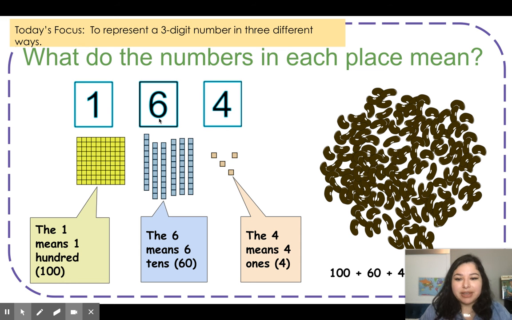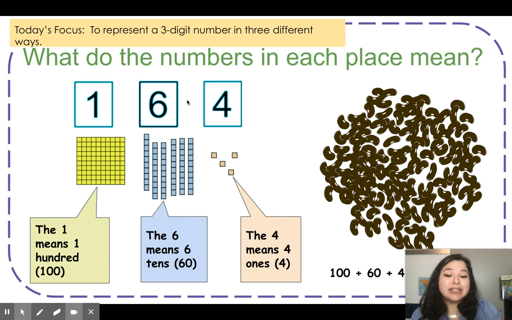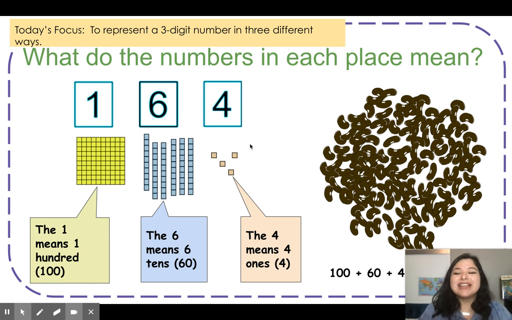In the tens place, we have a 6, which means we can see 6 of these 10 blocks here. So 6 tens equals 60. And then lastly, the 4 in the ones place equals 4. So altogether, it's 100 plus 60 plus 4, and we get 164.